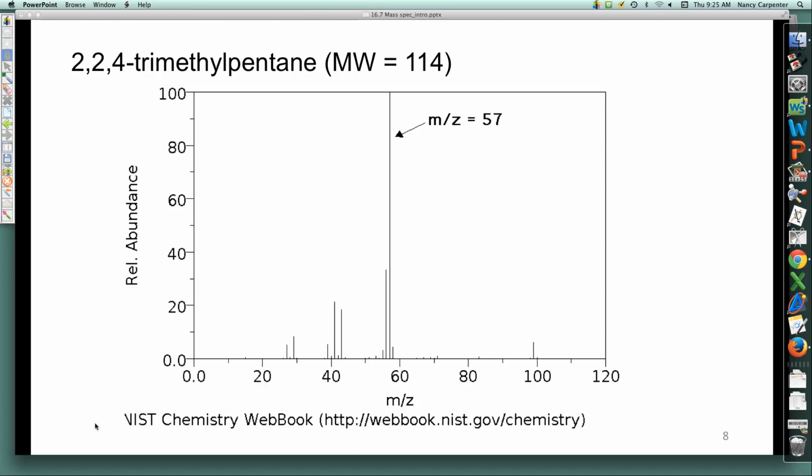This 2,2,4-trimethylpentane, molecular weight is 114, ain't nothing at 114. The molecular ion peak fell apart immediately to give you a base peak at 57. So, if you didn't know this was 2,2,4-trimethylpentane, you would probably think, well, I'll bet you any money that's my molecular ion peak, and guess what? Unfortunately, you would be wrong.